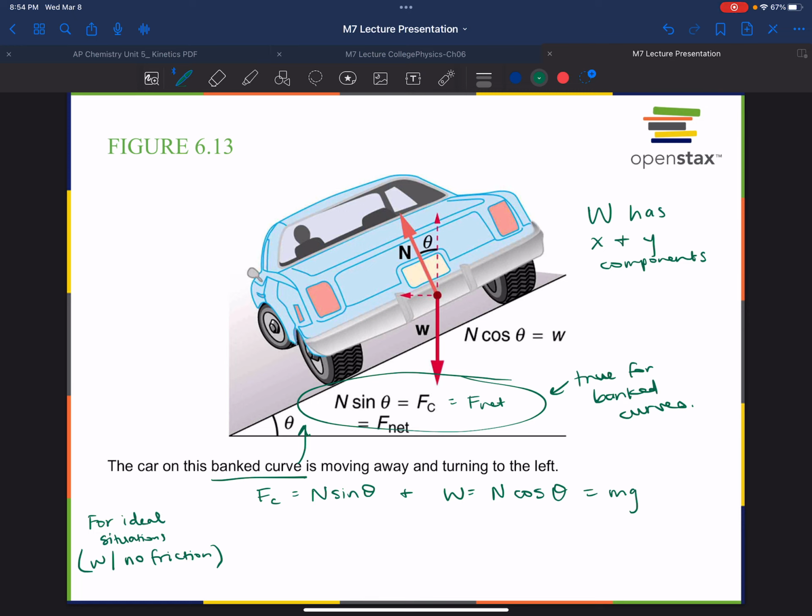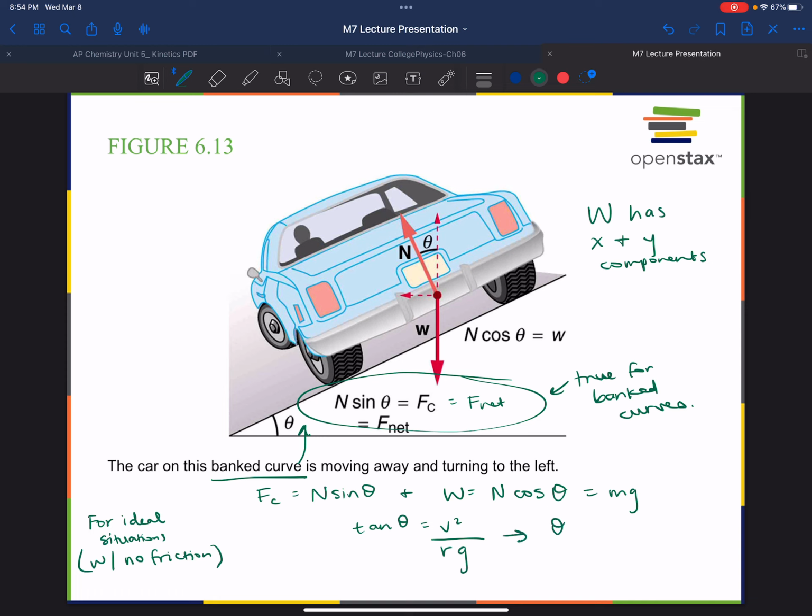We can combine these two equations and find that now the tangent of theta, and you don't have to understand where this comes from. You don't need to be able to derive it. Just know that you can combine them and arrive at the conclusion. This combined with other things, that v squared over rg is equal to the tangent of theta.